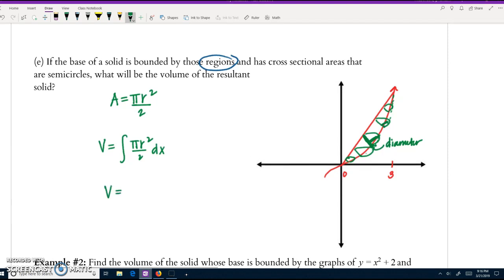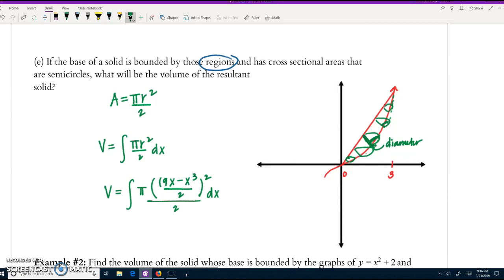So our volume here is going to be the integral of pi, and then our radius we can call the same value that we've been using up to this point. So that's going to be our 9x minus x cubed. That's our diameter. We can divide that by 2, square that, and then divide the whole thing by 2, integrating with respect to x.